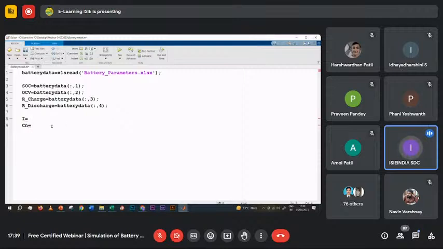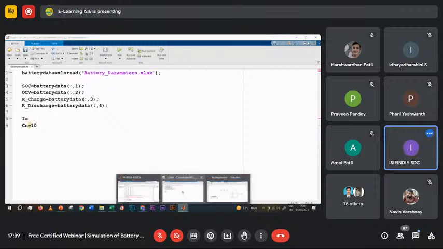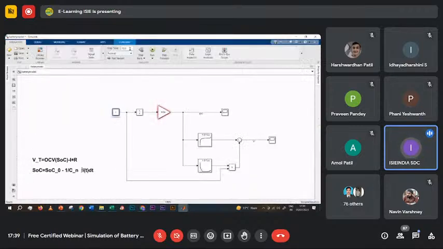Let's suppose I take the value of this battery pack as 10 Ah, which means 10 ampere hour. In the simulation part, this is the stop time, which is in seconds.